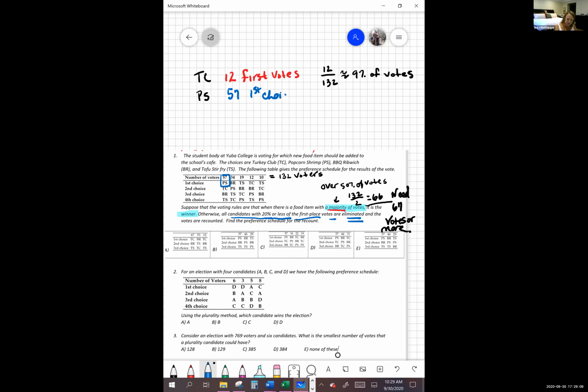That's not 67 or more, but let's figure out what percent that is, because that definitely is over 20%. So 57 over 132 gives us approximately 43%.